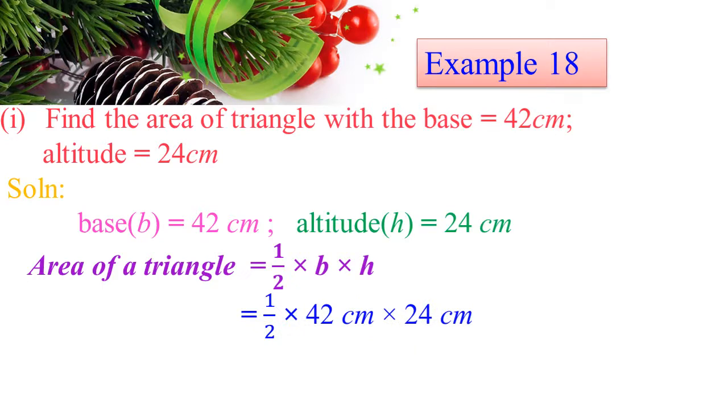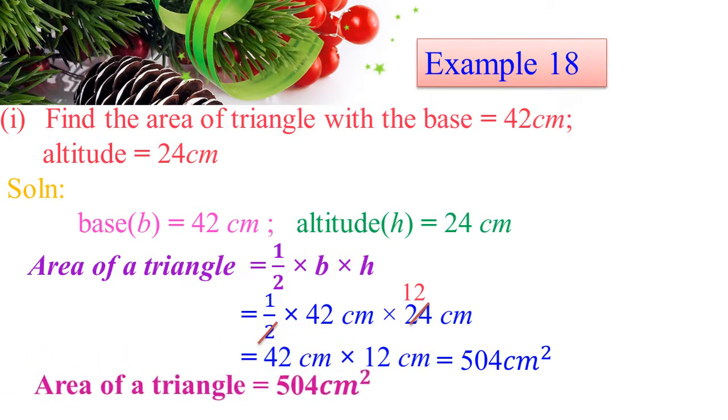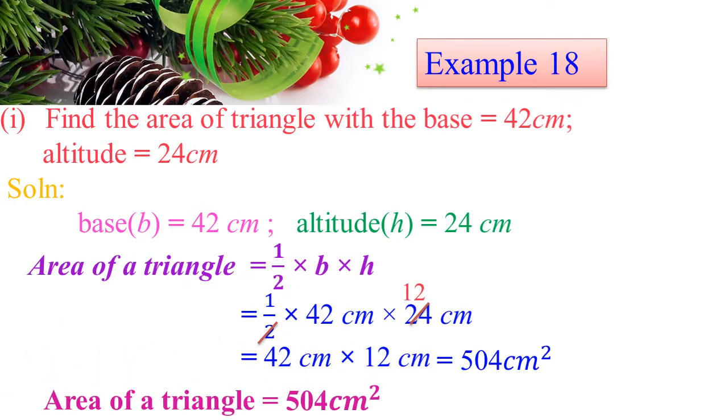We get 1 by 2 multiplied with base 42 centimeter multiplied with altitude 24 centimeter. Now we cancel the common factors. 1 2 is 2, 12 2s are 24, remaining 42 centimeter multiplied with 12 centimeter. Now we multiply the values: 504 centimeter square. Therefore, area of the triangle equals 504 centimeter square.